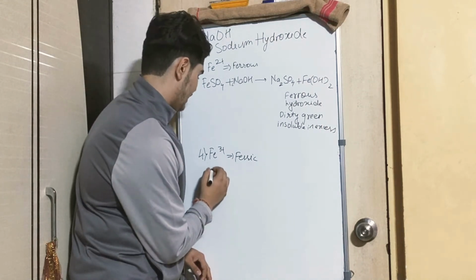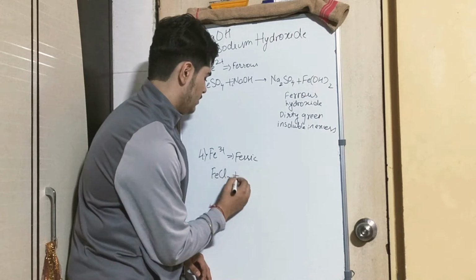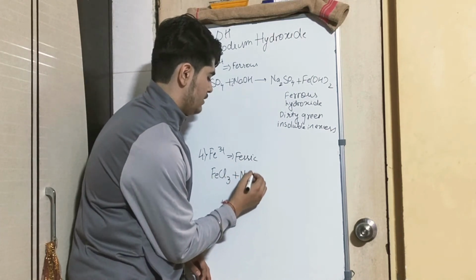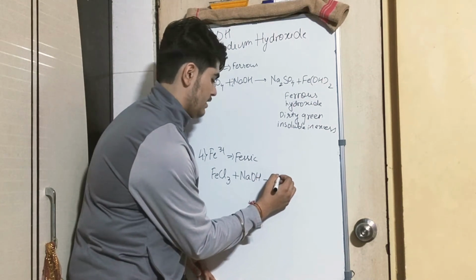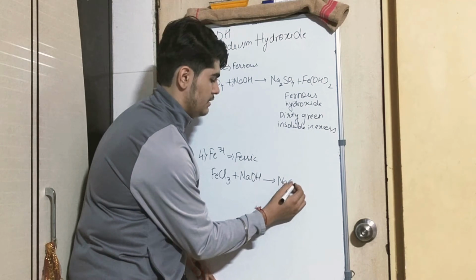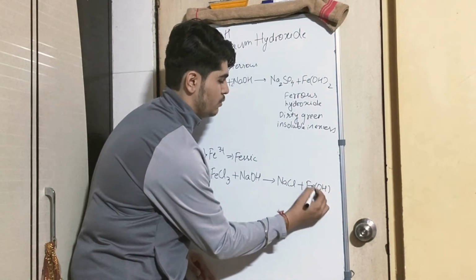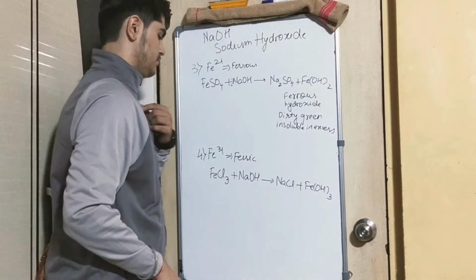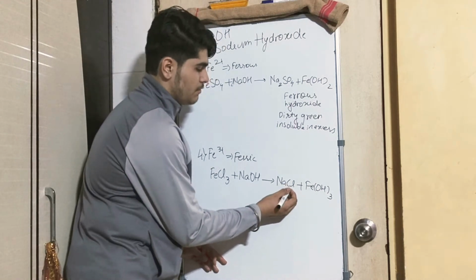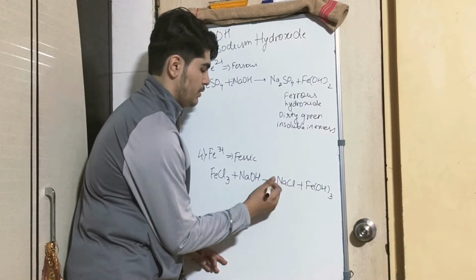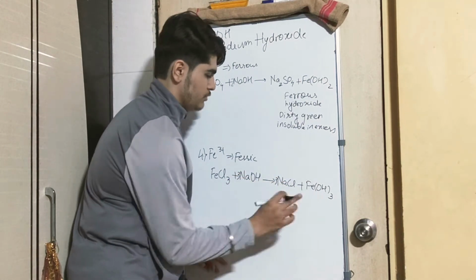So we are going to take FeCl3, ferric chloride, plus NaOH gives NaCl plus Fe(OH)3. Understanding? This is our byproduct. Let's balance the equation. It is 3Cl and 3NaOH, 3OH, all balanced.